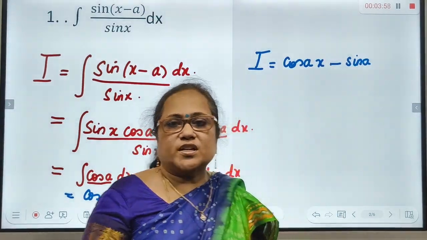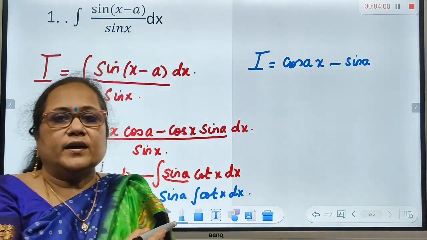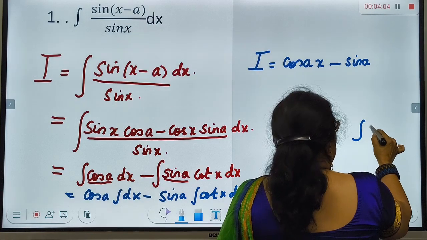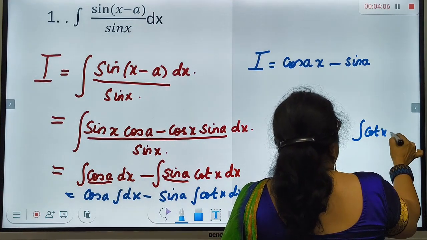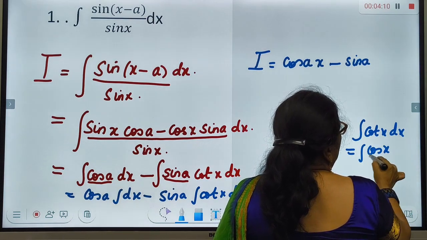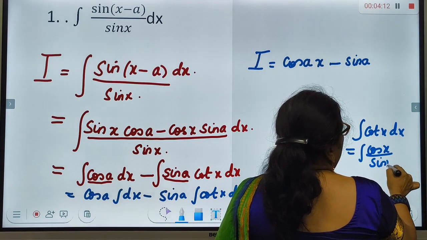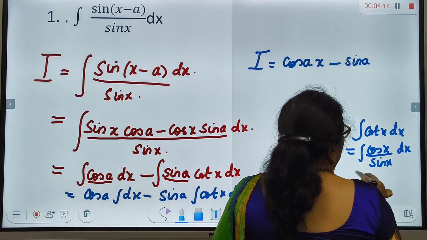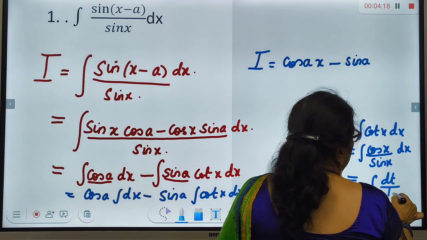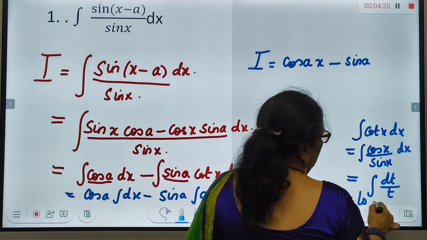Integral of cot x was integral of cos by sin. For those who have forgotten, how will you do integral of cot x dx? Integral of cos x by sin x dx.